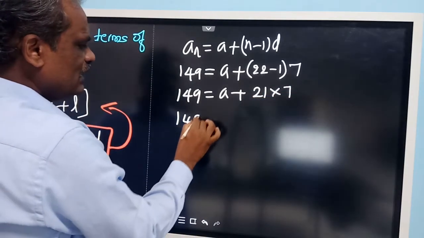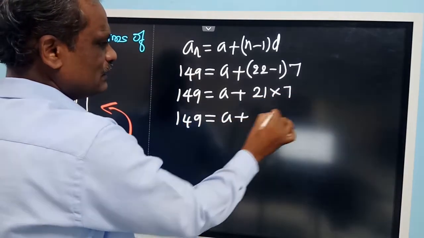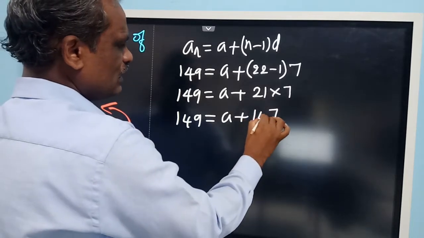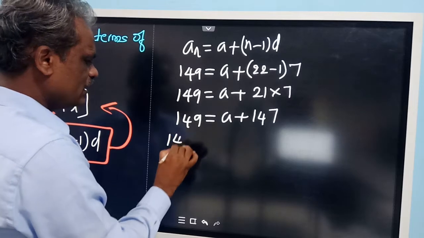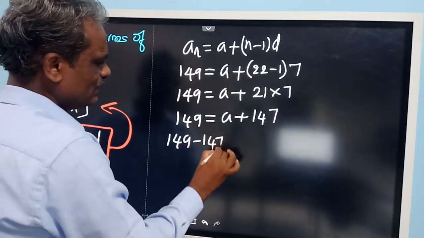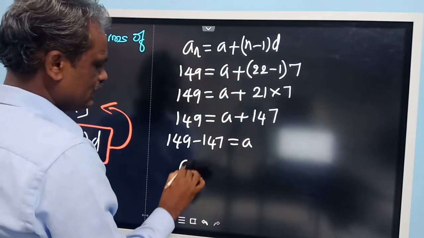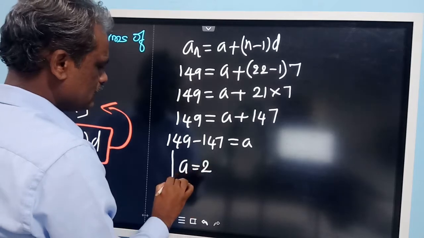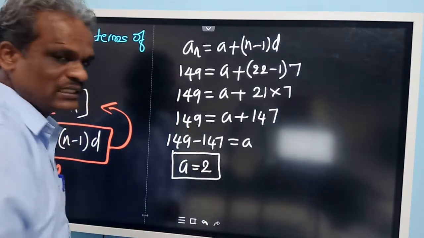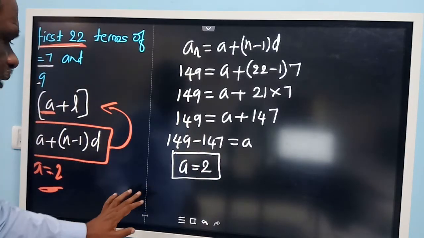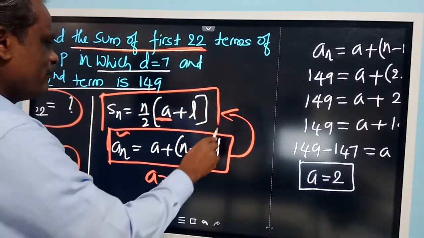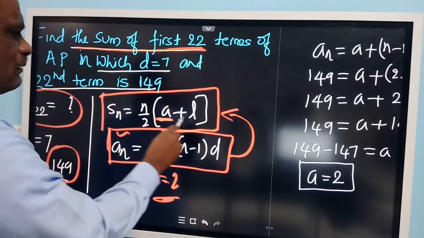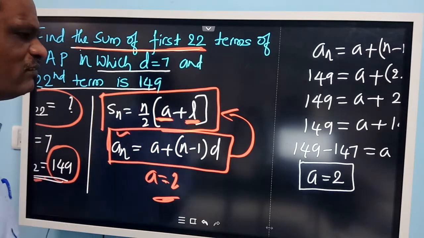So 149 is equal to a plus 21 into 7, which is 147. Transfer 147 to the left side: 149 minus 147 is equal to a. So a is equal to 2. We got the first term. Once you know the first term, the last term, and the n value, you can use the first formula.